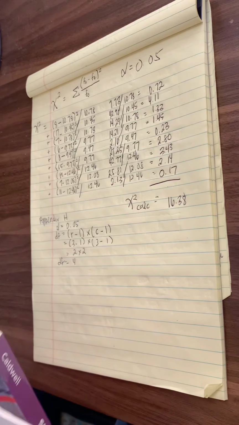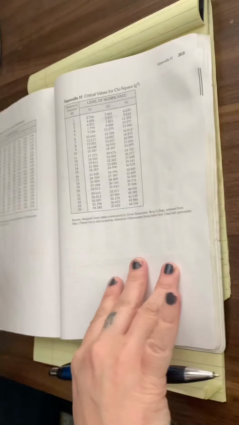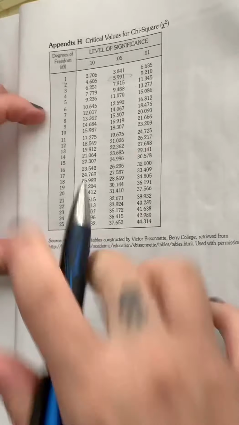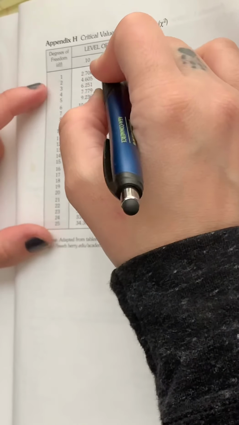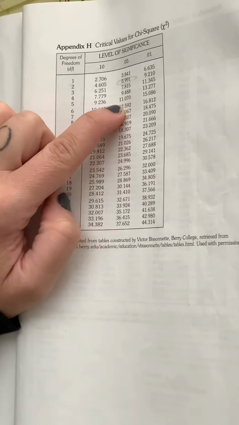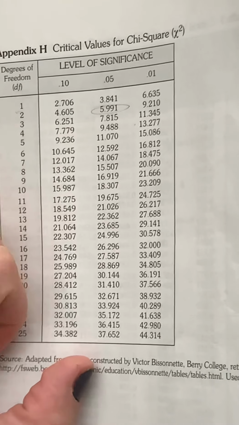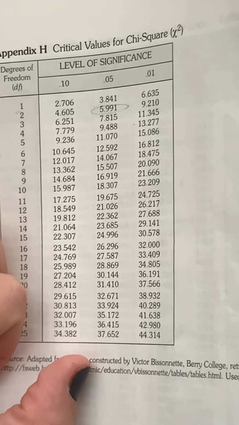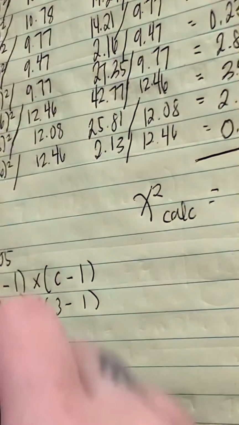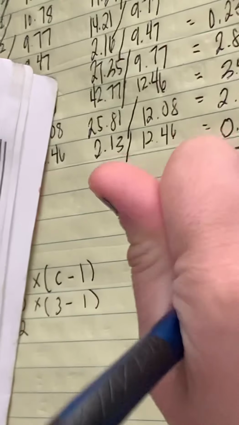Now, as before, we consult the appendix. If we're working at a 0.05 level of significance and our degrees of freedom are 4, we see that our chi-square critical is equal to 9.488.